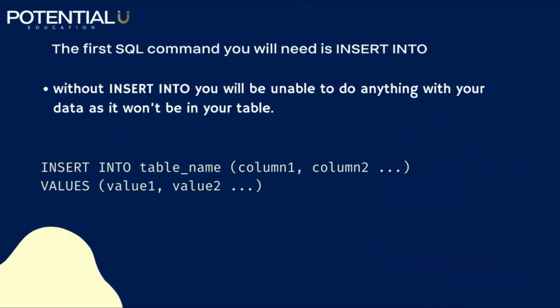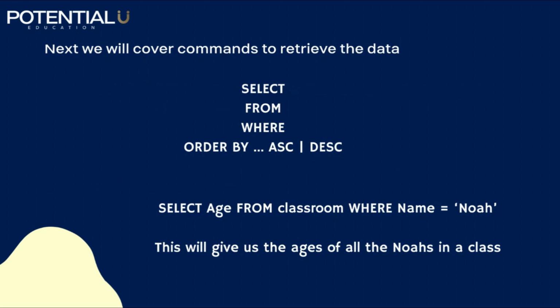You could insert into table name, column 1, column 2, values, value 1, value 2. Very creative, those names. And then the next ones you're going to need in order to get that data back. It's all well and good putting it in there, but if you can't reach it when you're not putting it in, then it's again pretty useless.